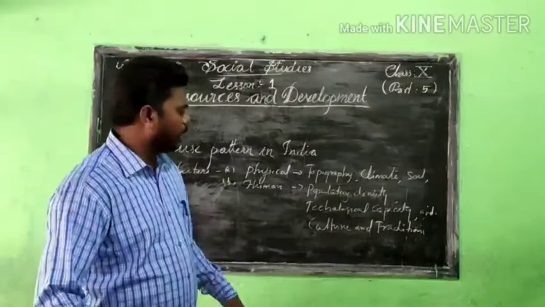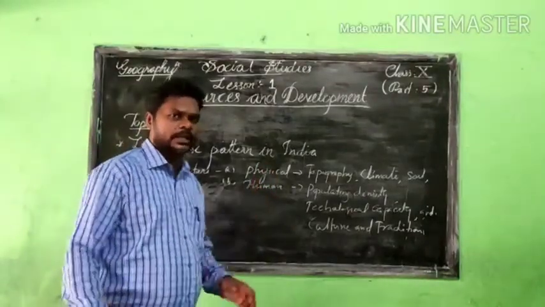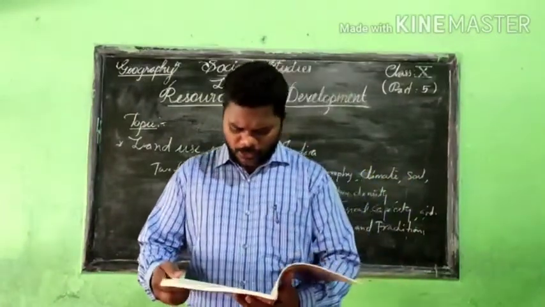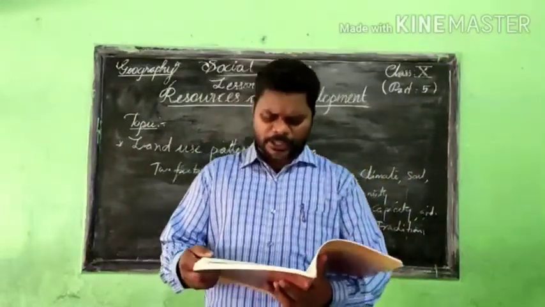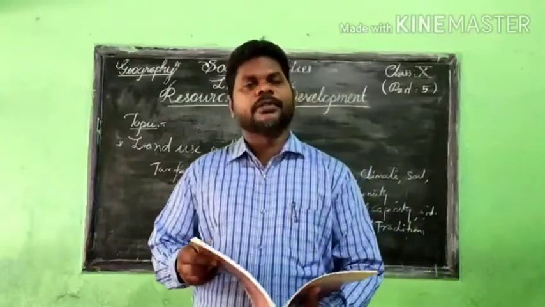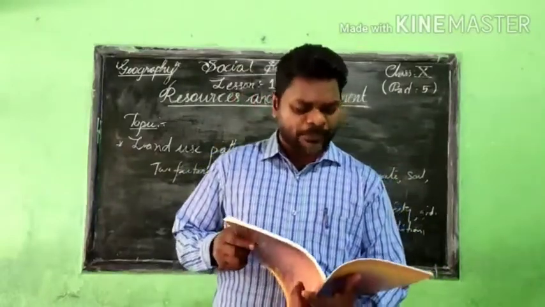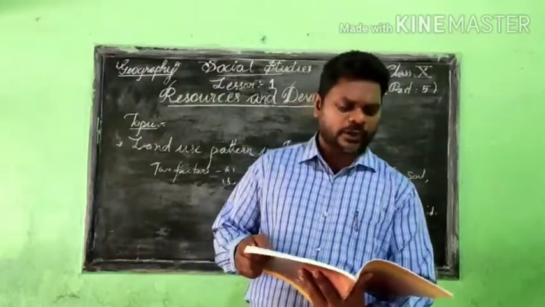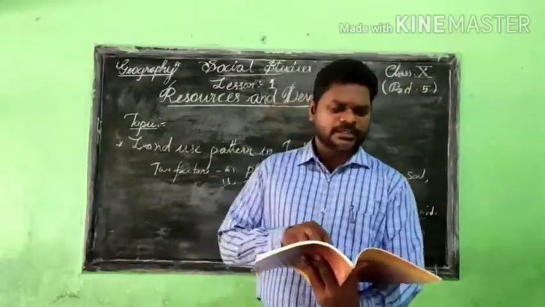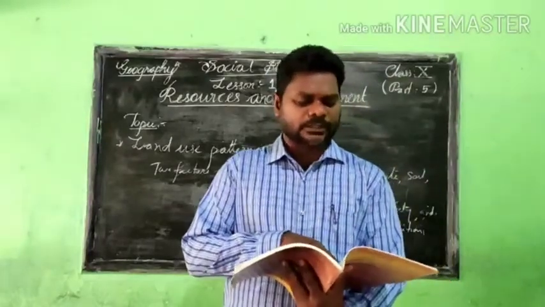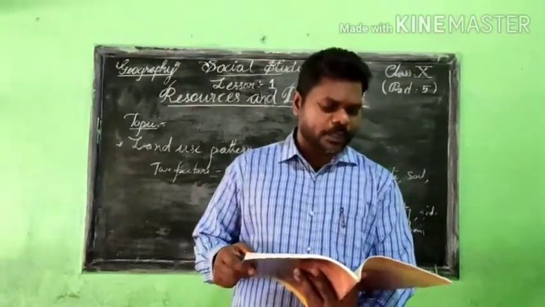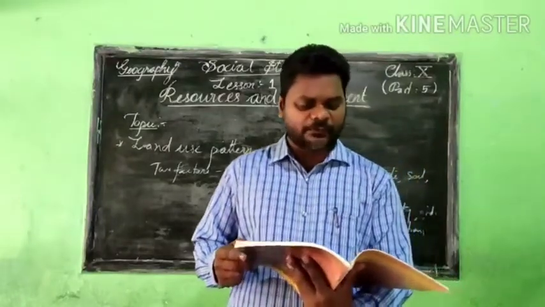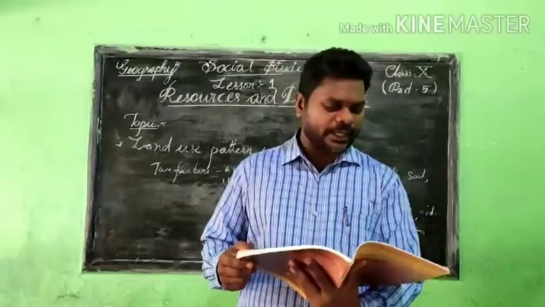Keep this in your mind, and you can write lecture notes for all of these things, and it will help you to learn more. When we go ahead, we can understand that the economic capacity and culture and tradition are all in the human factors. Then, when we learn about the total geographical area, it is 3.28 million square kilometers, and land use data is available for 93% of the total geographical area.